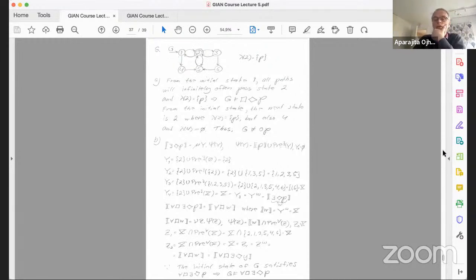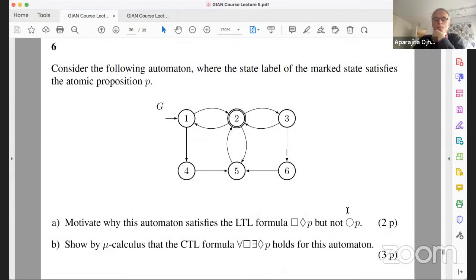When I write expressions like next P, what I mean is that I start in the initial state. In the initial state, I can reach state 2, and that means that next state is marked. But the problem is that another next state is 4, and in that state P is not true.